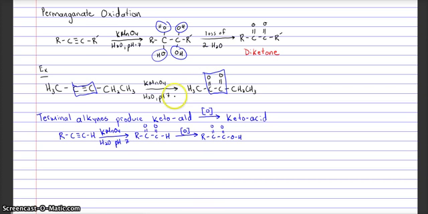One thing that will happen with this is if you don't have an internal alkyne, if you have a terminal alkyne, so if you have it at the end of a molecule with that acidic proton that would form that acetylide ion in the presence of sodium amide, just to get your mind thinking of that again, this will form the diketone, but we'll get, I guess, a keto acid instead of a diketone because it goes through this keto-aldehyde structure. The aldehyde is not very stable, and that'll further oxidize to the carboxylic acid shown here.